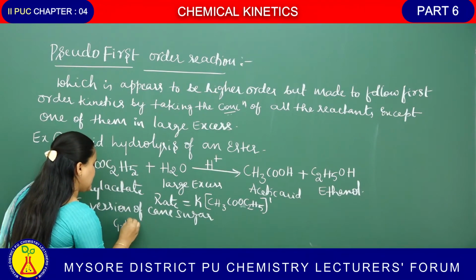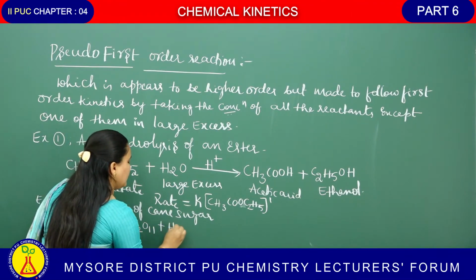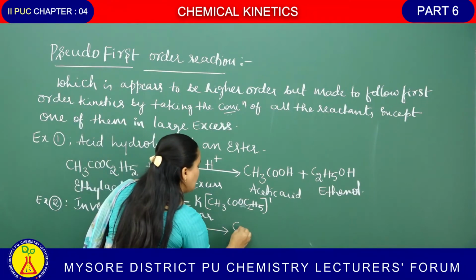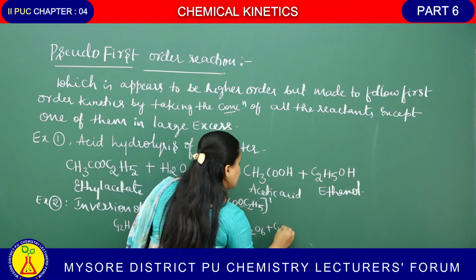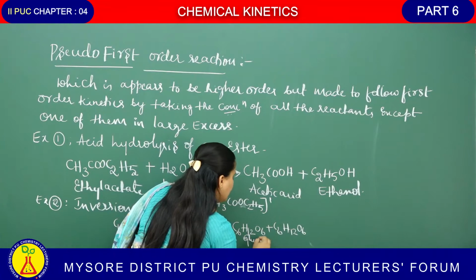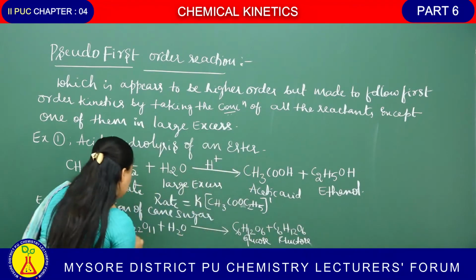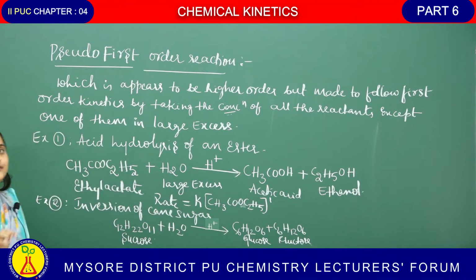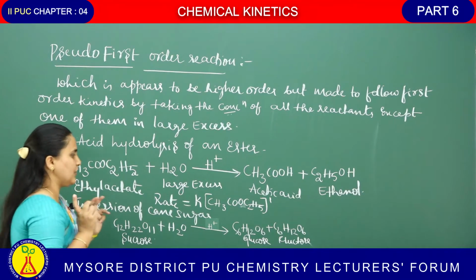Yes, C12H22O11, undergoing hydrolysis to form glucose and fructose, C6H12O6 plus C6H12O6, glucose and fructose. This is sucrose. Inversion of cane sugar is also an example for pseudo first order reaction.